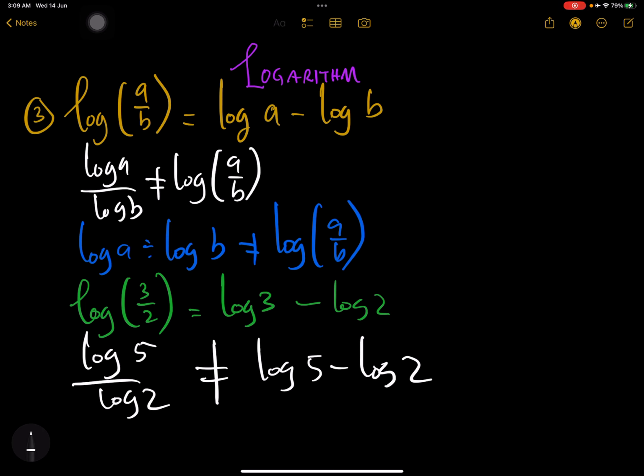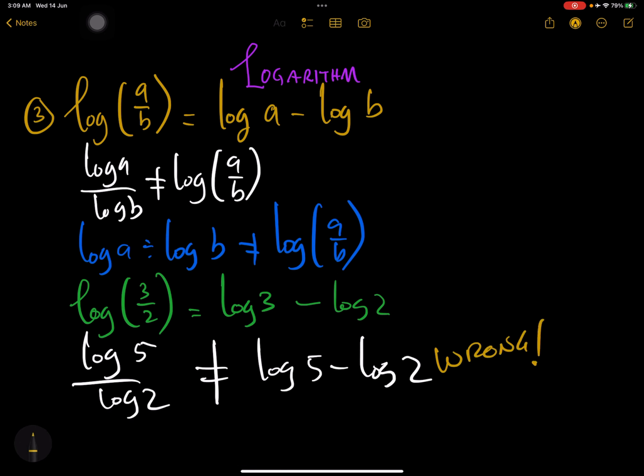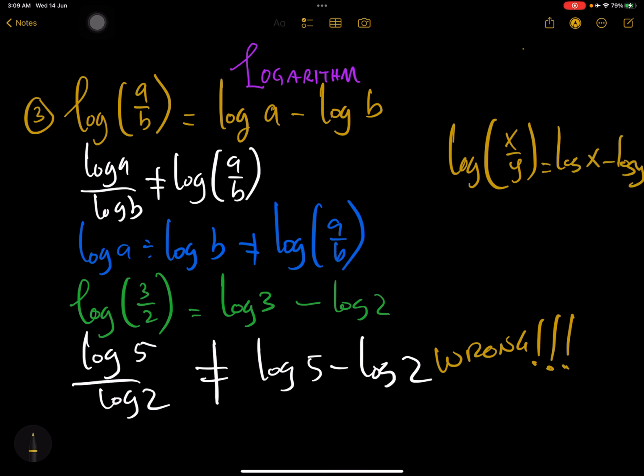It's wrong. Let's be careful. The only time this is going to work is if you have log of x divided by y. Then we know that that is log x minus log y. So let's keep that in mind.